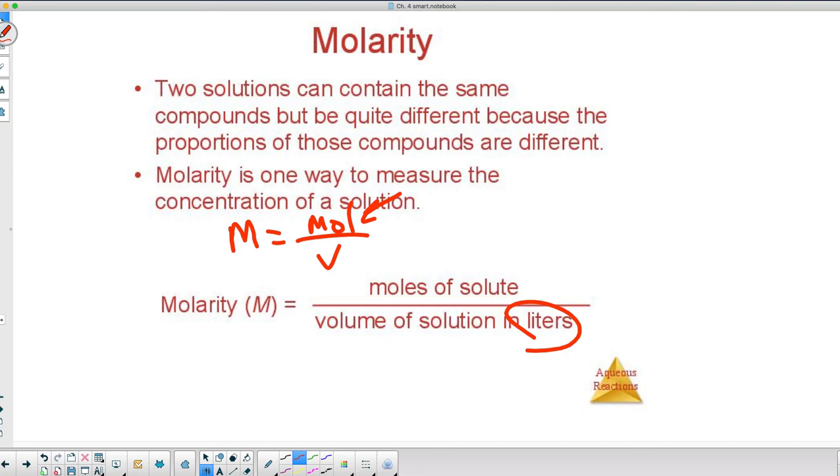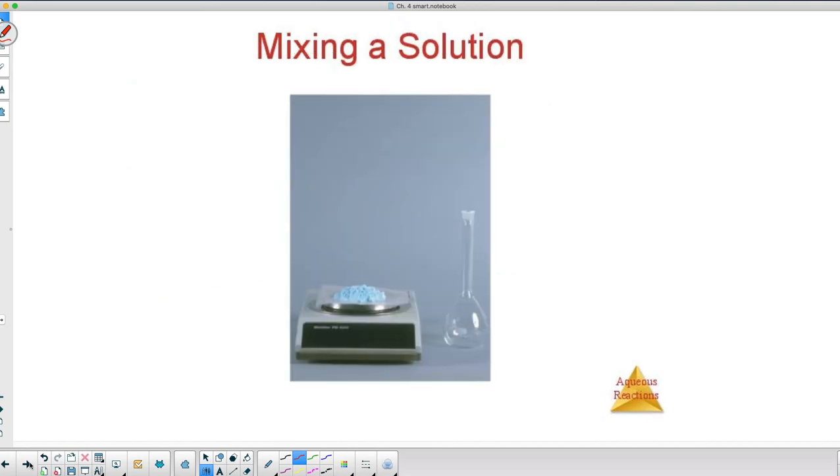Is it going to be half a gallon, or 2 liters, or whatever it is? So that's how we do a concentration. It's actually pretty straightforward. If we had way more class time, you guys would be mixing solutions so that we could go through titration, which is something we're going to see later on.